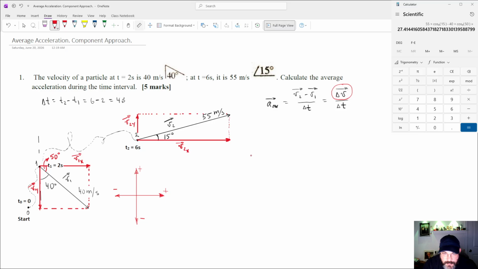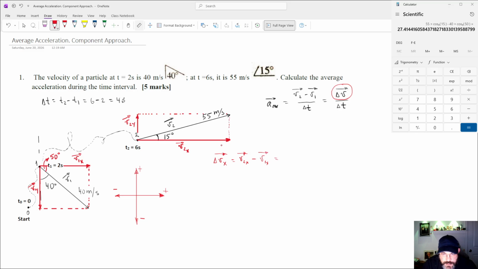So let's write those components. For delta v x, that's v2x minus, since it's the difference, minus v1x.